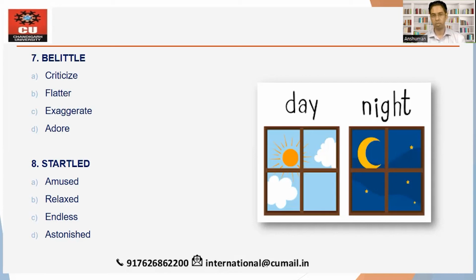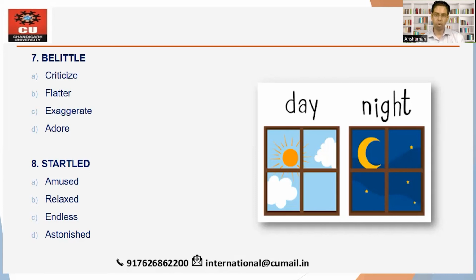If I talk about question number 8, the word given is startled. Now, startled means excitement, surprise. So it has something to do with emotions. If we see amused, endless, and astonished, these words can be referred to as synonyms of startled, because amused and astonished also mean surprise or sudden excitement.